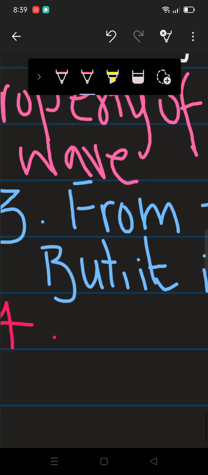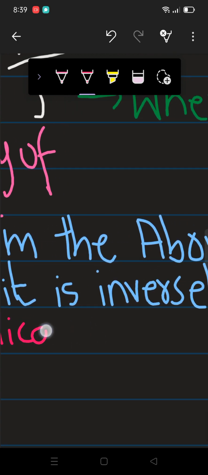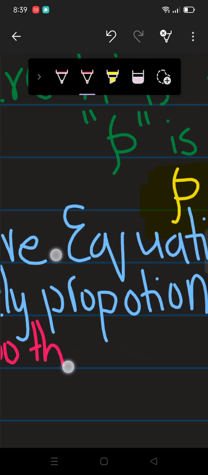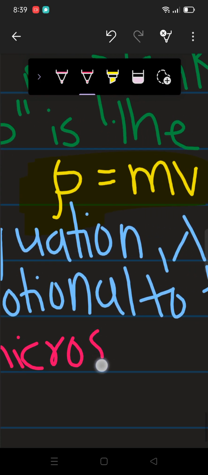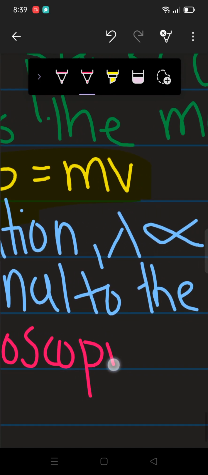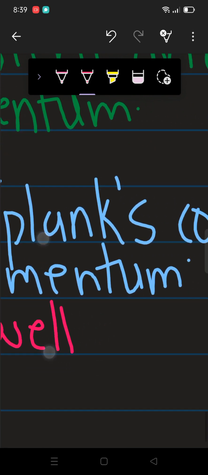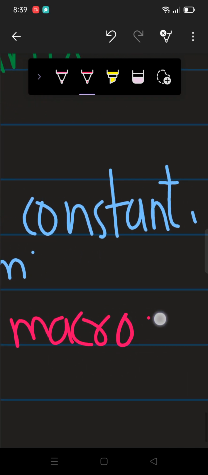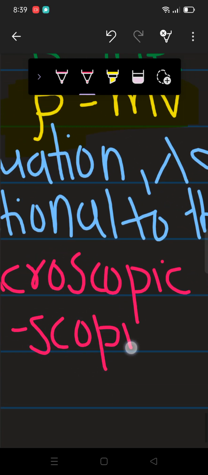So in the fourth point: applicable for both microscopic as well as macroscopic matter.